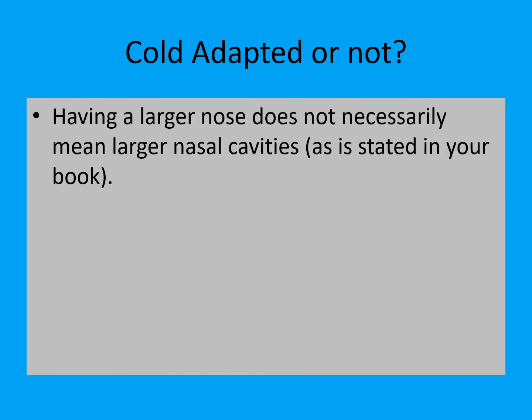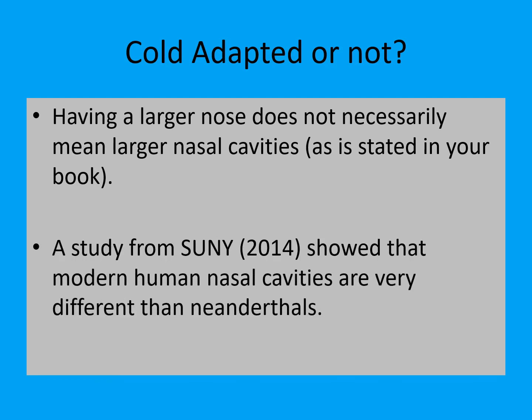In essence, having a larger nose on the exterior does not necessarily mean larger nasal cavities, as is stated in your book, right? A study from SUNY in New York from 2014 showed that modern human nasal cavities are actually very different than that of Neanderthals.